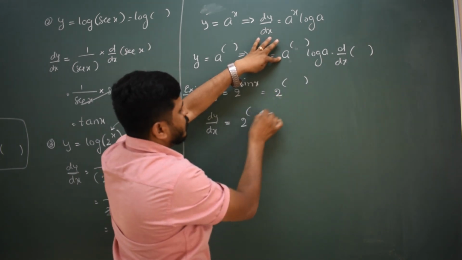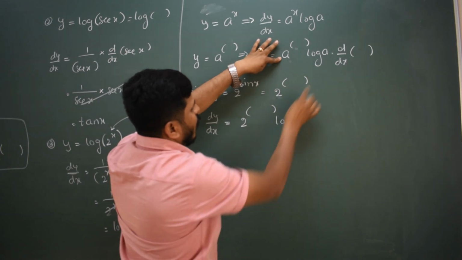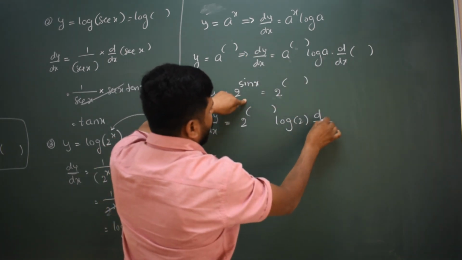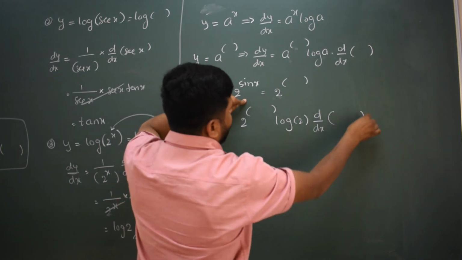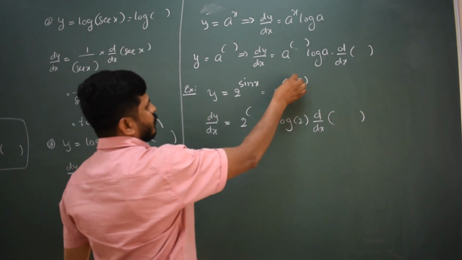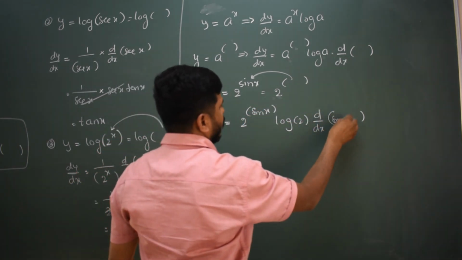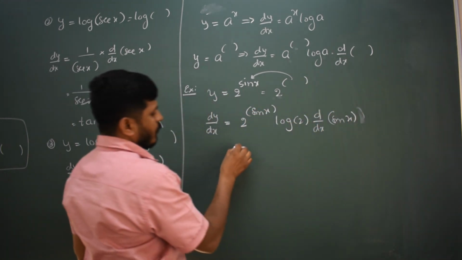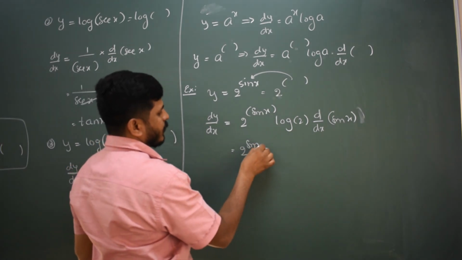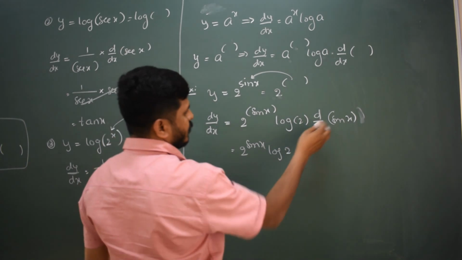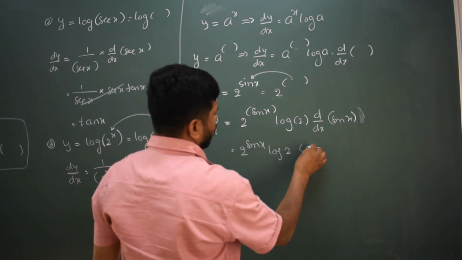That is 2 raised to something into log 2 into differentiation of something. What do you have in the place of something? Sin x. That's equal to 2 raised to sin x into log 2 into differentiation of sin x is cos x.